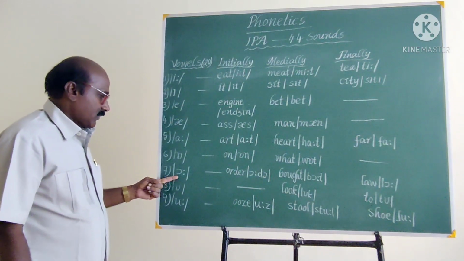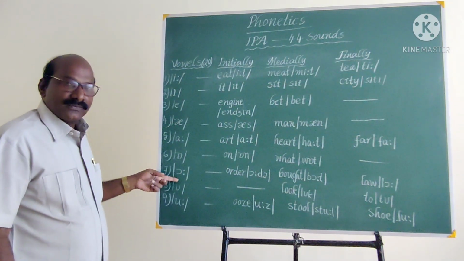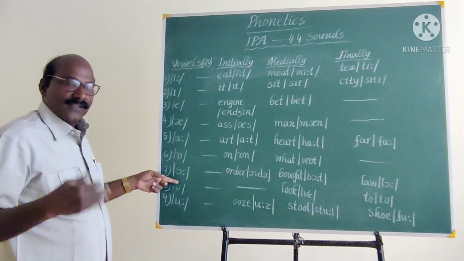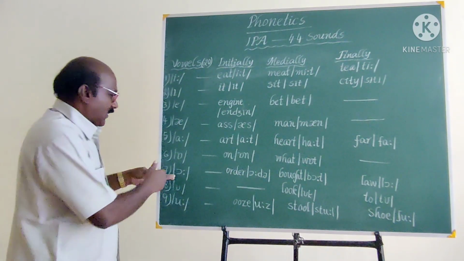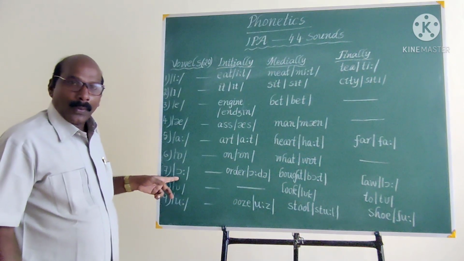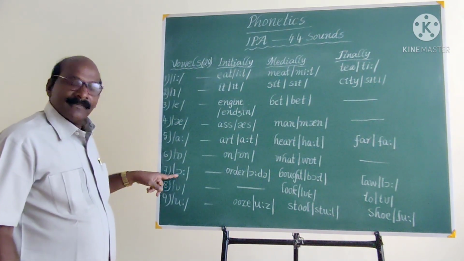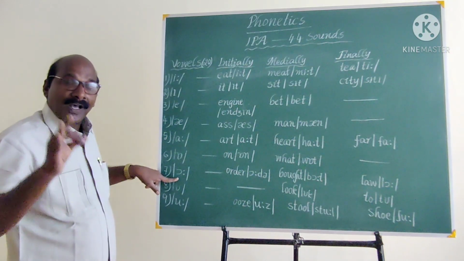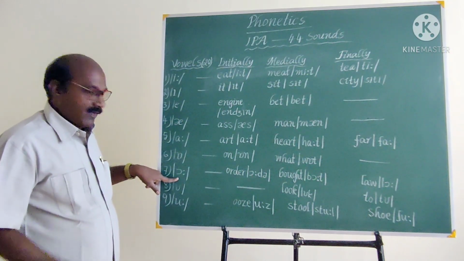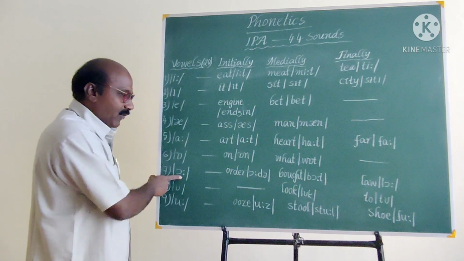Next one. It's a rare sound, and most of the Telugu people and Hindi speaking people and some others can't utter this sound as O. The mouth is at the half open and half closed position when we utter this sound.